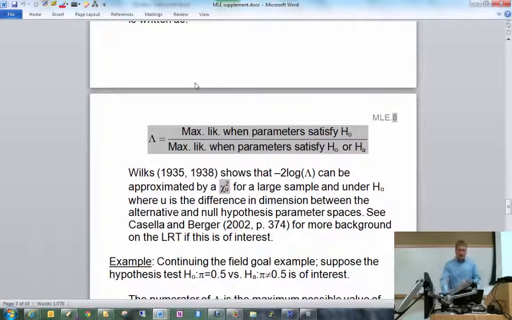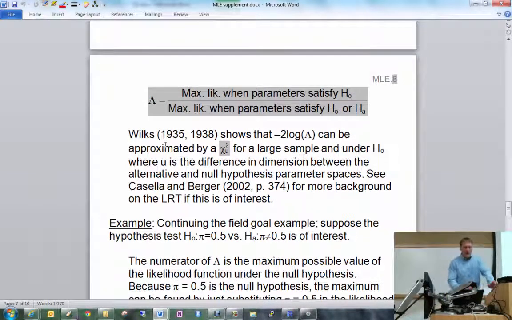In fact, that's what it is. So typically, this ratio is represented by the Greek letter lambda. Please don't confuse that with our factor loading matrix, which we also have called lambda. I'm just presenting here in a way that's most commonly done. And here are the two likelihood functions.